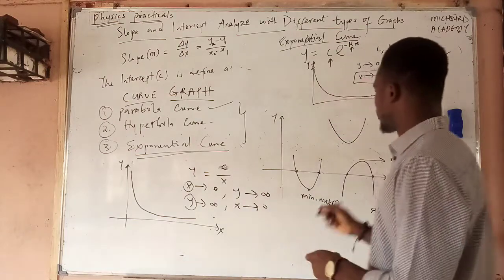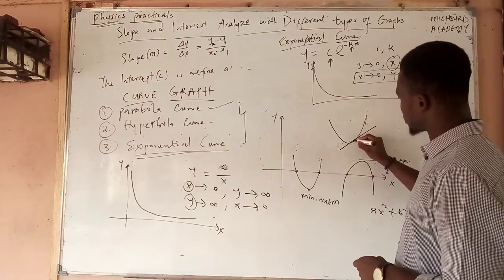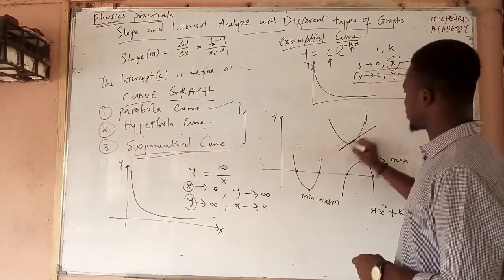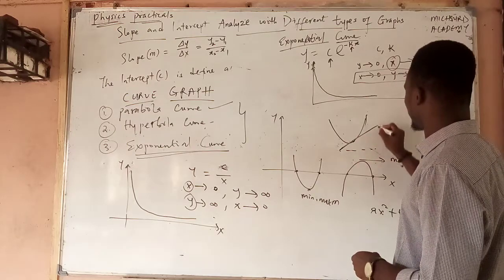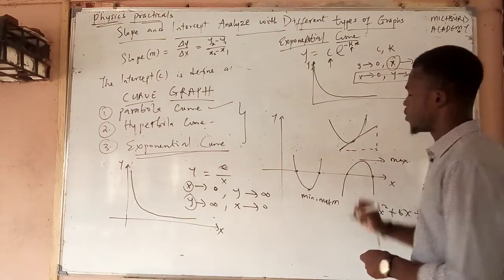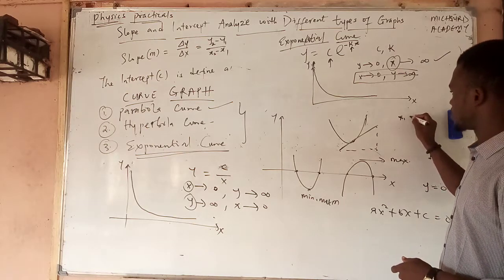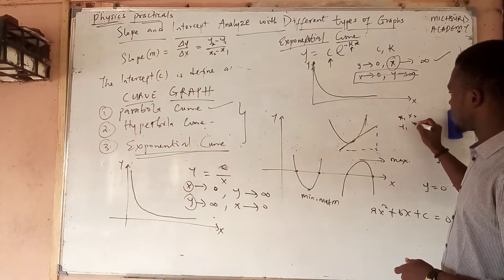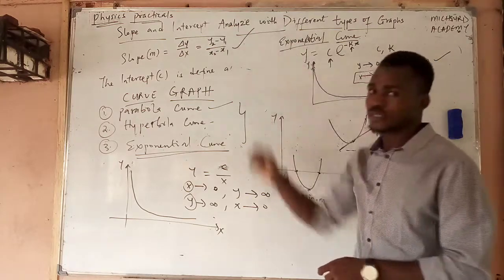So when you want to calculate the slope here, you take the tangent at that point. This tangent is a straight line that cuts that point, so that we can form the shape of a triangle and get our x1, x2, y1, and also y2. Then we can now calculate the slope.